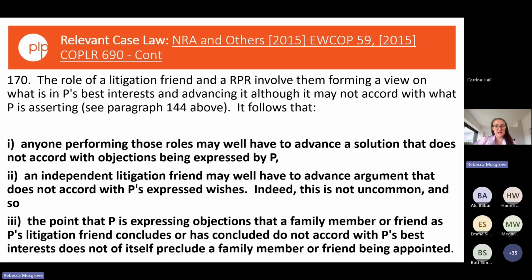So again, it comes back to that some family members will find it very difficult to go against the wishes and feelings of their loved ones. It says anyone performing that role may well have to advance a solution that doesn't accord with their objections. So that kind of situation we talked about where it may be that their parent doesn't want to go into a care home and has always said that, but ultimately that's what their needs are dictating at this point.